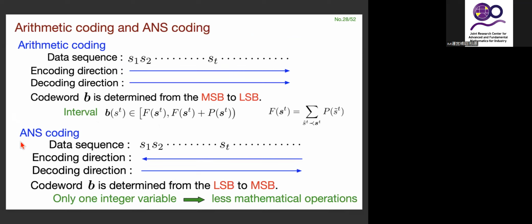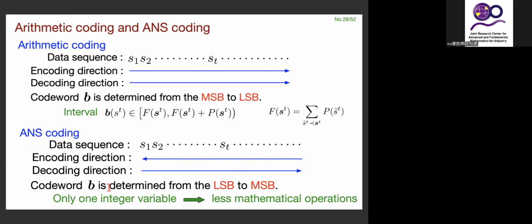On the other hand, in the ANS coding, a data sequence is encoded from the last symbol to the first symbol. But in the decoding, the data sequence is decoded from the first symbol to the last symbol.